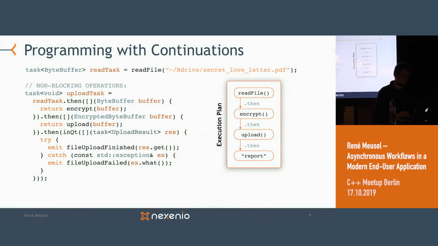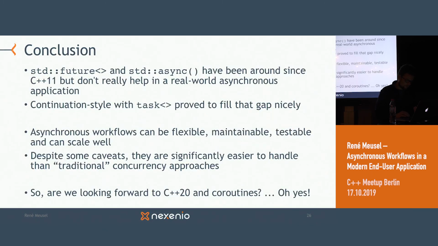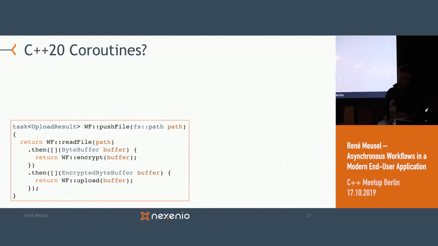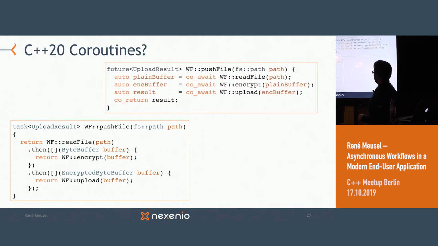So let me just come back to the coroutines thing as a final remark. Do we look forward to coroutines? Absolutely. This is what we saw all the time with coroutines. It would look somewhat like this, and it would have pretty much the same semantics in a much better readable fashion. Please don't quote me on the details of the syntax.